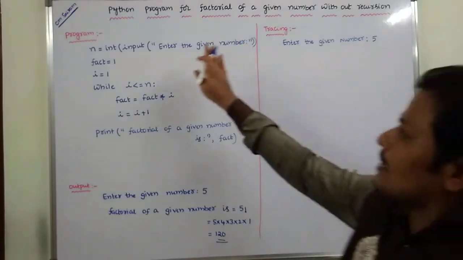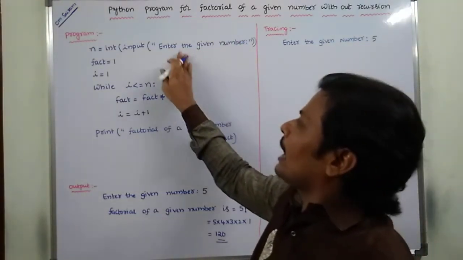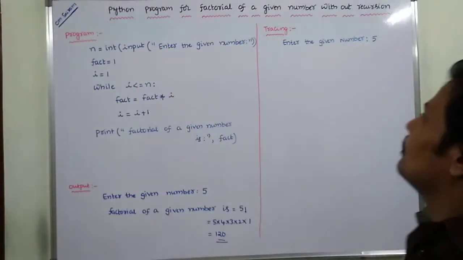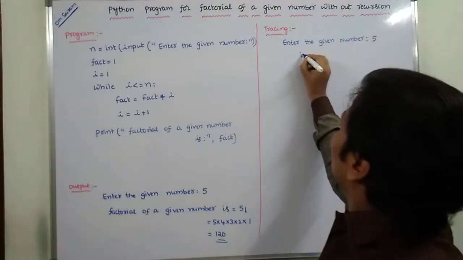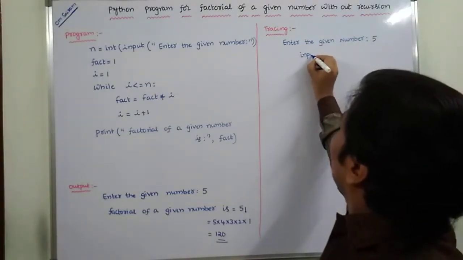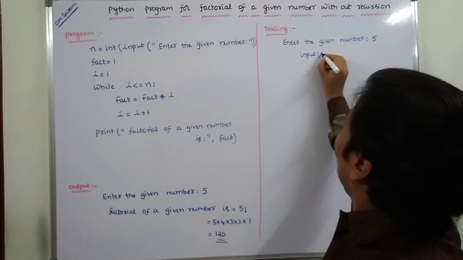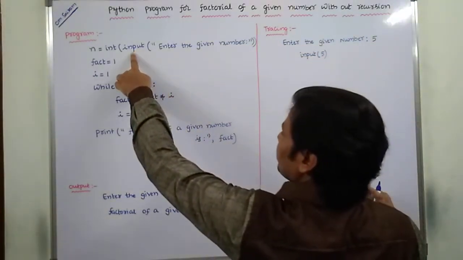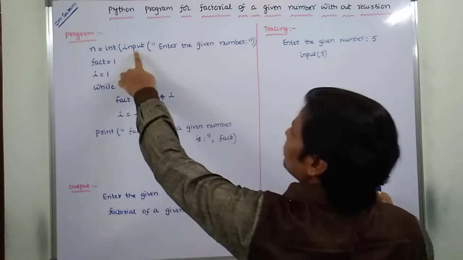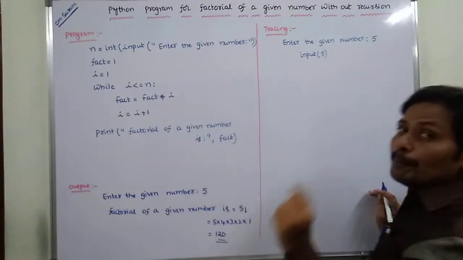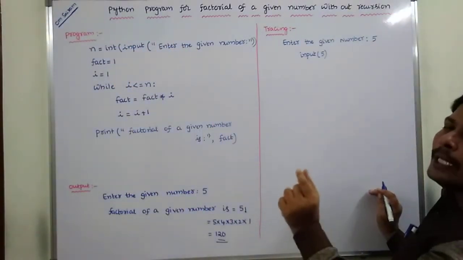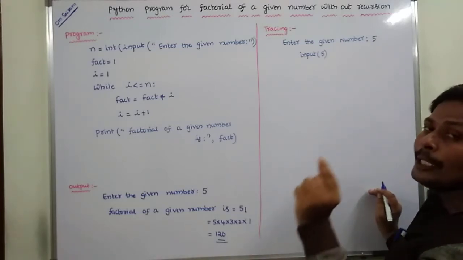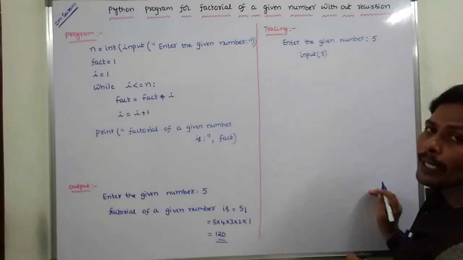This input 5 can be taken by the input function. Here the input function is used for reading the input from the keyboard that is entered by the user or a programmer.